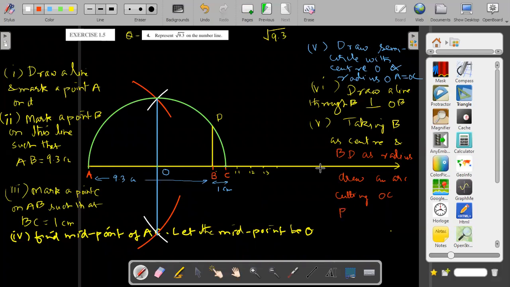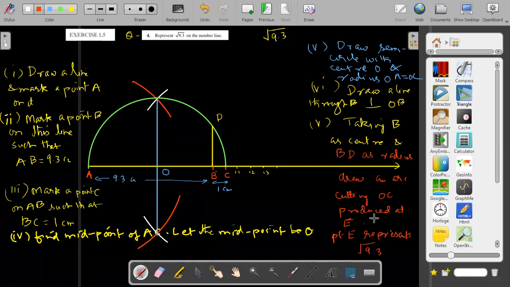OC produced means OC is produced on this side, at E. Point E represents under root 9.3.